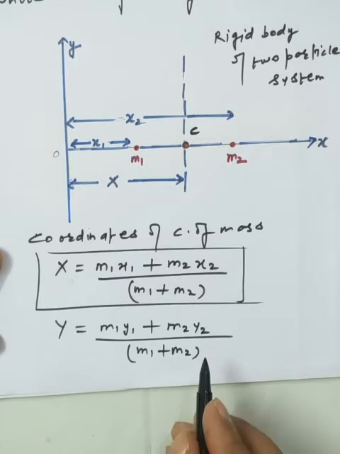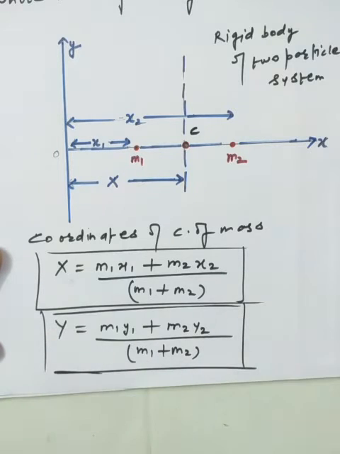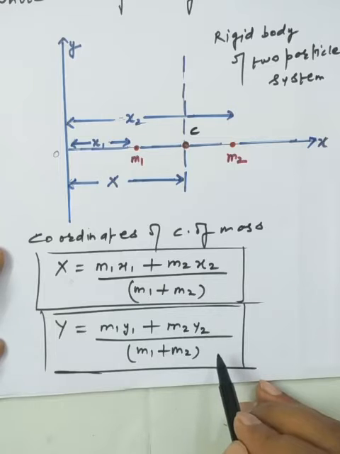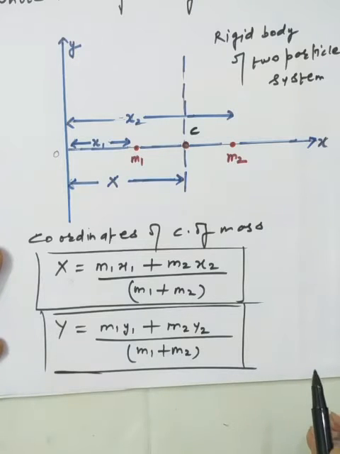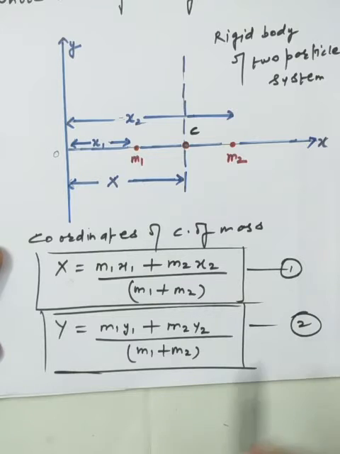So this is the y coordinate of the system. Okay, so here we have the basic general formula. This is equation number 1, this is equation number 2.